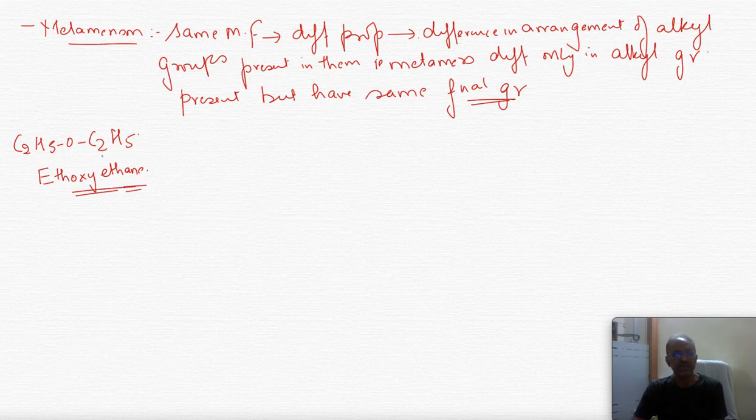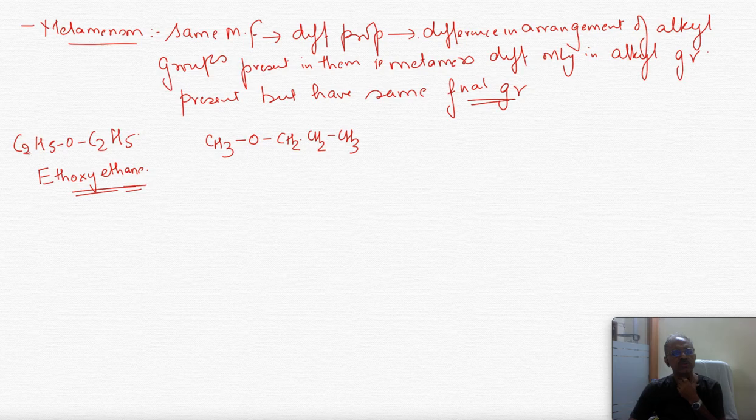So this is the primary, and OCH3 is represented by alkoxy. So ethoxyethane can also be written, and now the alkyl group we have to change. Suppose we write it like that, C3H7O, CH2, CH2 and CH3. Fine.